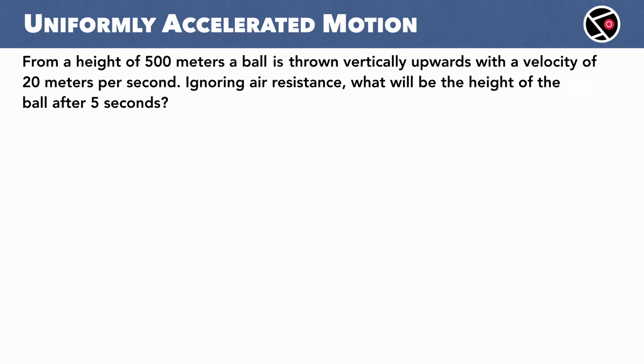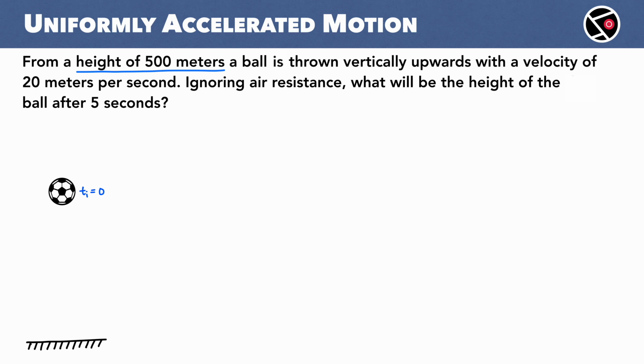From a height of 500 meters, a ball is thrown vertically upwards with a velocity of 20 meters per second. Ignoring air resistance, what will be the height of the ball after 5 seconds? We have a ball. Initially, at time 0, it is 500 meters above the ground.